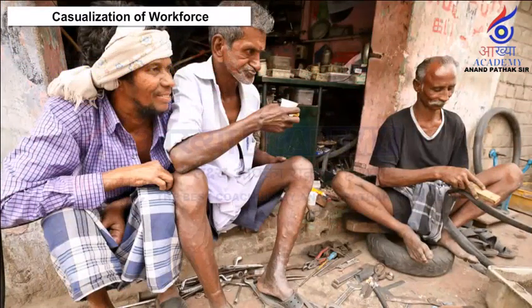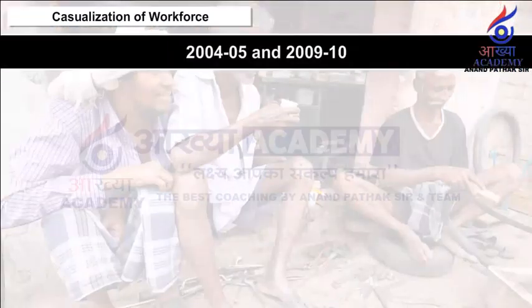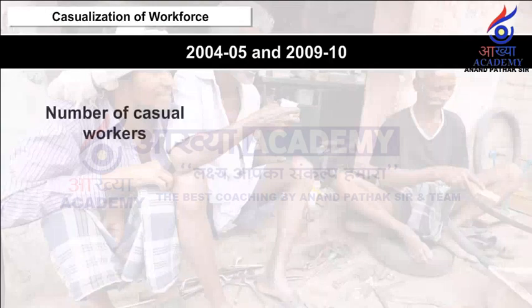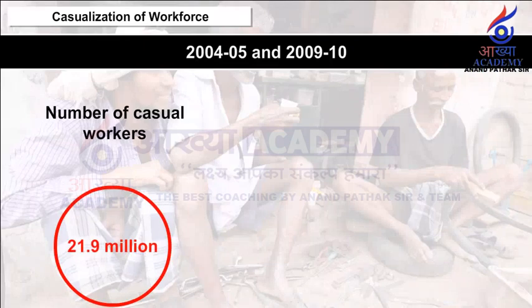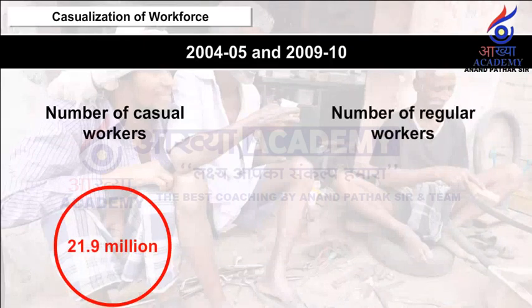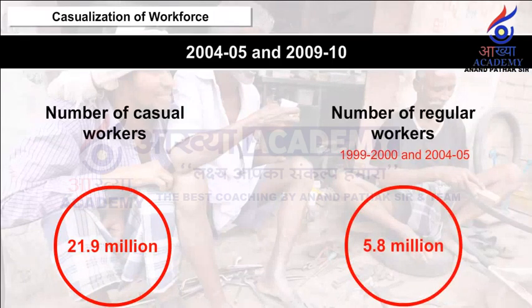Casualization of workforce. Between 2004-05 and 2009-10, the number of casual workers grew by 21.9 million, while growth in the number of regular workers nearly halved, to 5.8 million, compared with the period between 1999-2000 and 2004-05.